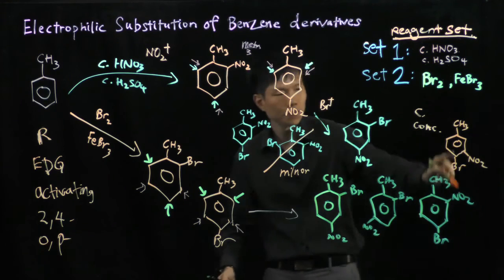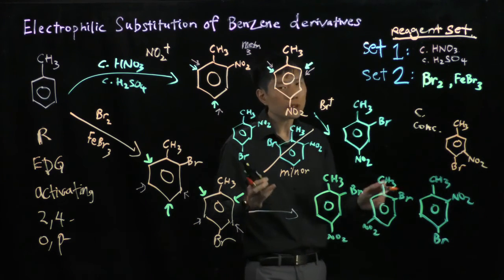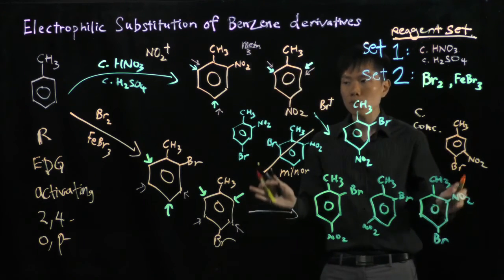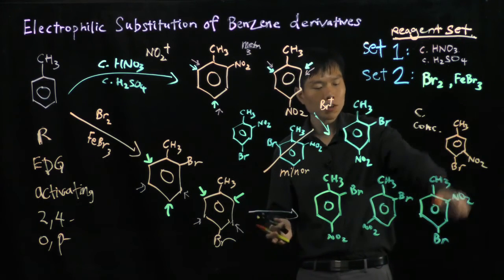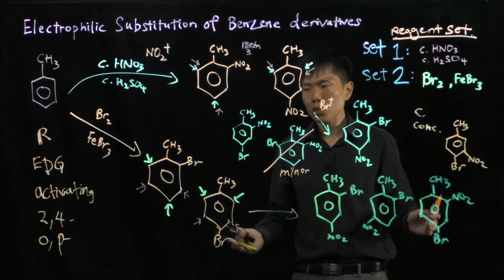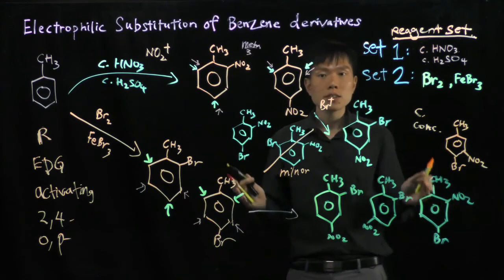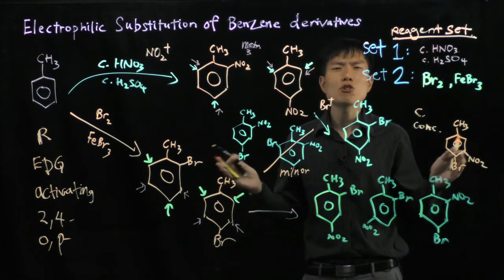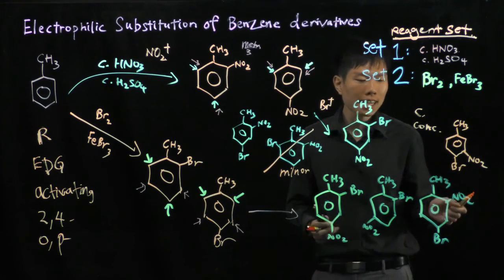So we could have these 4 isomers, which means this reaction is not so desirable because you can have a mix of these isomers. And as for the proportion, it depends on the reaction conditions like temperature, pressure, and the amount that you add.